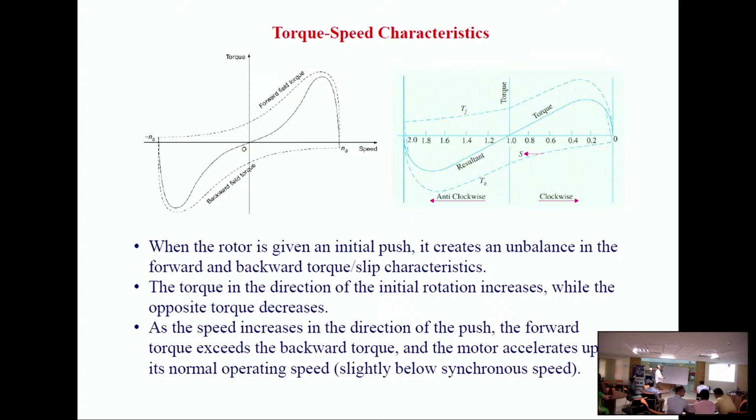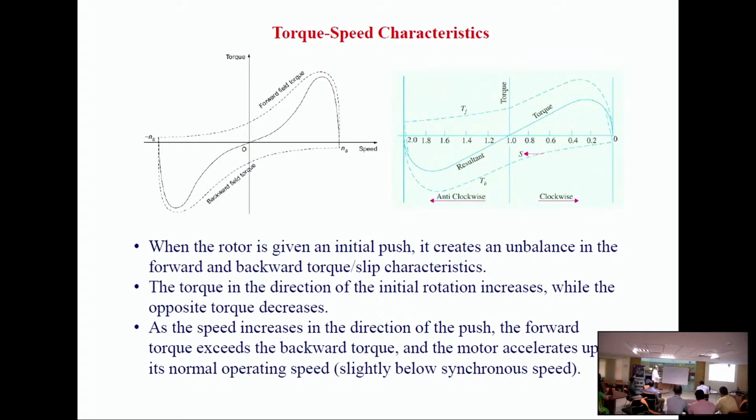So the torque speed characteristics will be like this. This is the forward and this is the backward. At this condition, speed is 0, which means slip is equal to 1. There is some forward torque and some backward torque, but the net torque is 0. Resultant torque is 0. That's why it is not self-starting.